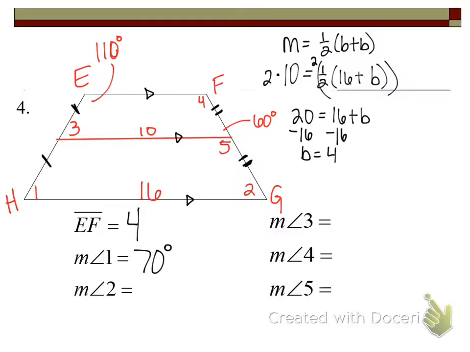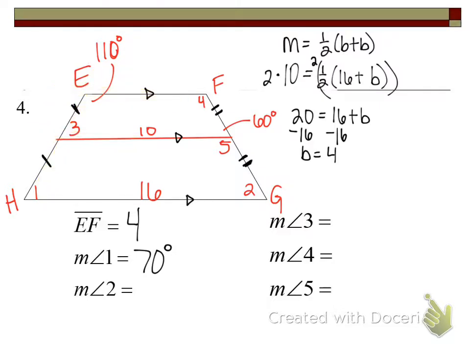Similarly, we did learn a property that the median is parallel to our bases. So now I'm switching my focus to only look at the median, my top base, and that transversal. Again, angle 3 and the 110 are consecutive interior angles, so angle 3 would be 70 degrees as well.